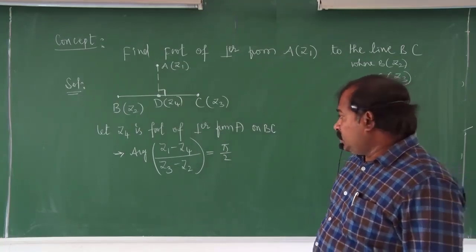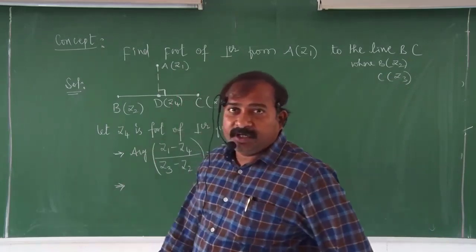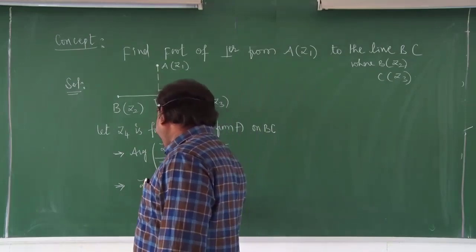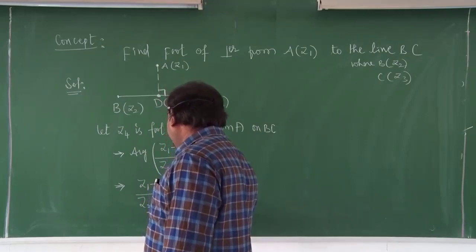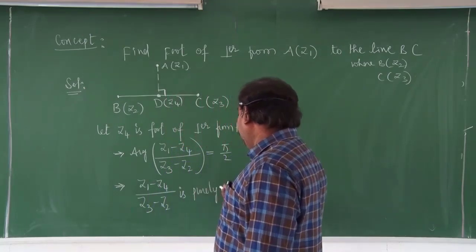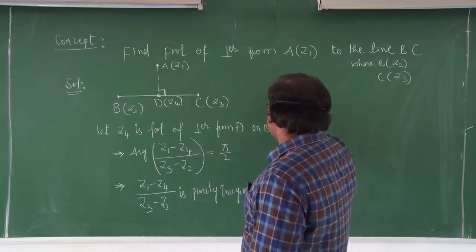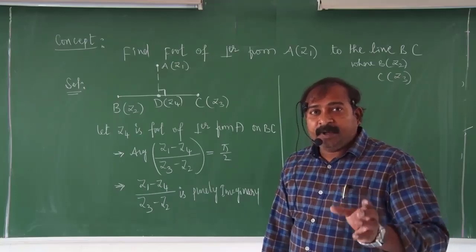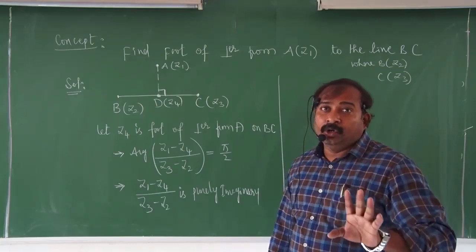Now, argument pi by 2 means what is the nature of this complex number? Purely imaginary. So (Z1 minus Z4) by (Z3 minus Z2) is purely imaginary. Purely imaginary means that the complex number plus its conjugate equals 0.